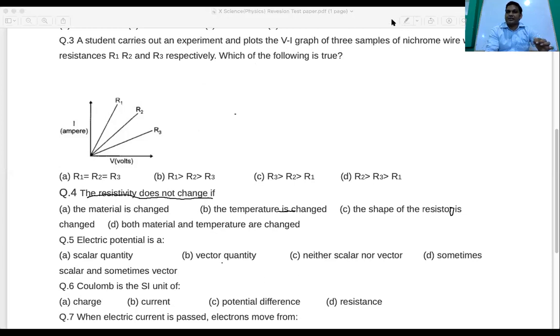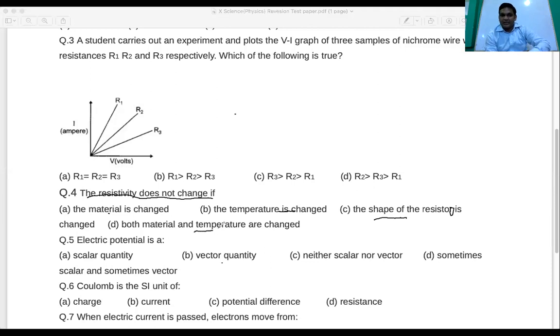And in the second case, if the temperature is going to change, then resistivity is going to change. If you are changing the shape, the resistivity will be unaffected. So if both material and temperature have changed, then resistivity does not change.